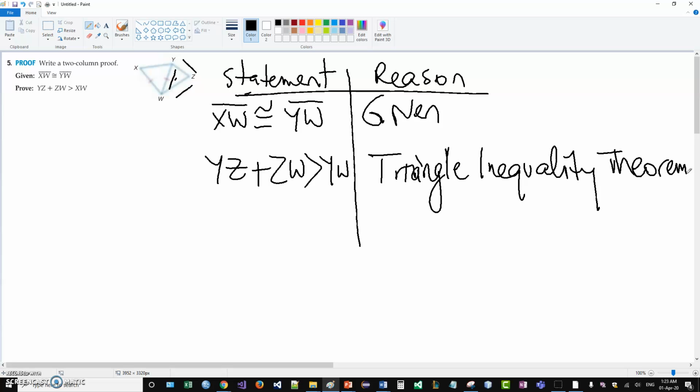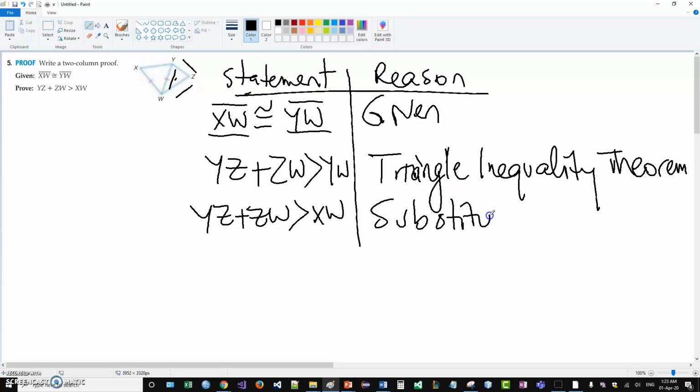Now, we know that YW equals XW, so let's replace the YW here with the XW. Substitution. And there we have it, and that's exactly what we need to prove, that YZ plus ZW is greater than XW. This is a very simple proof.